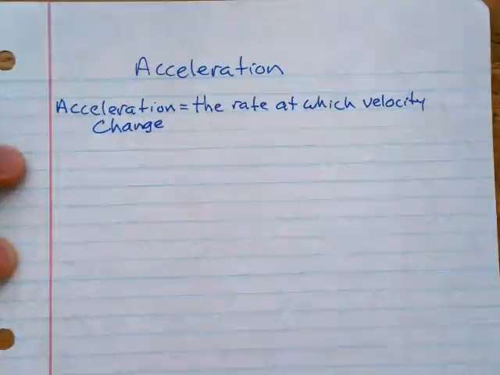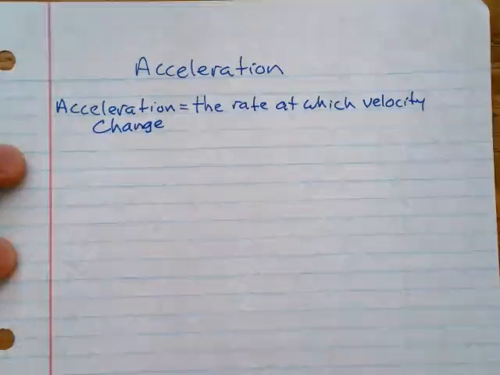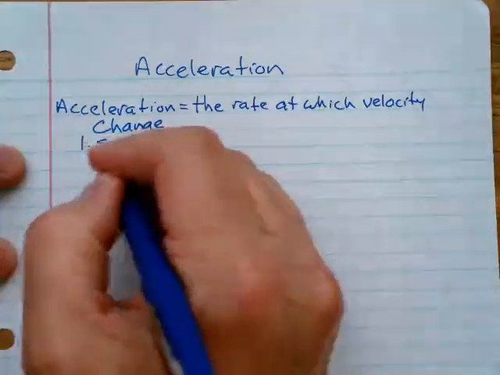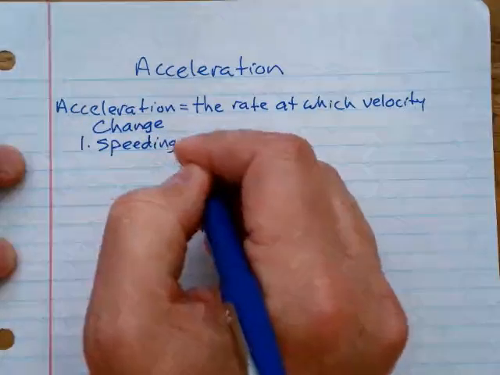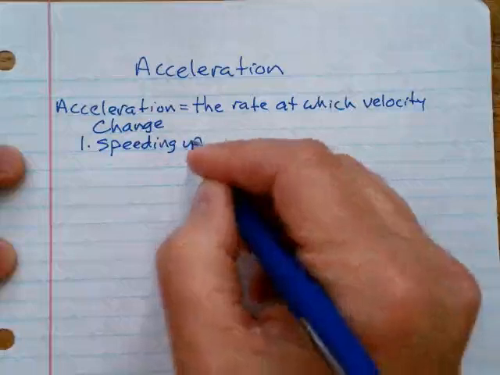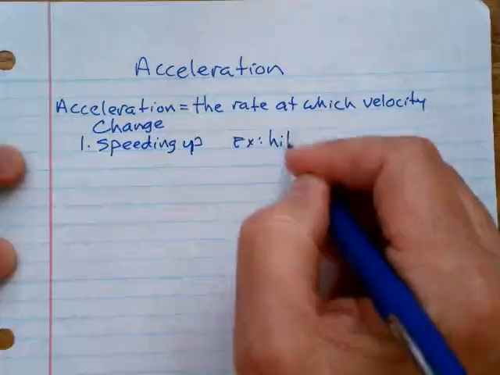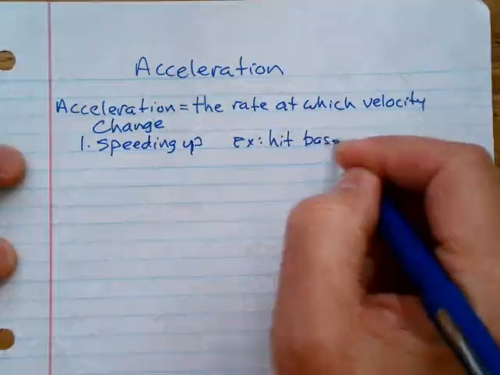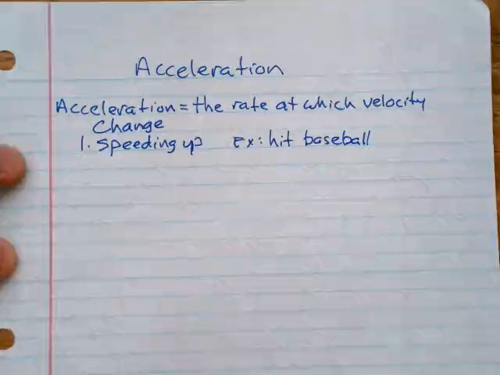And we know that velocity is speed in a given direction, so acceleration can be three things. It can be speeding up. An example of that might be if you hit a baseball. That makes that ball increase its speed.